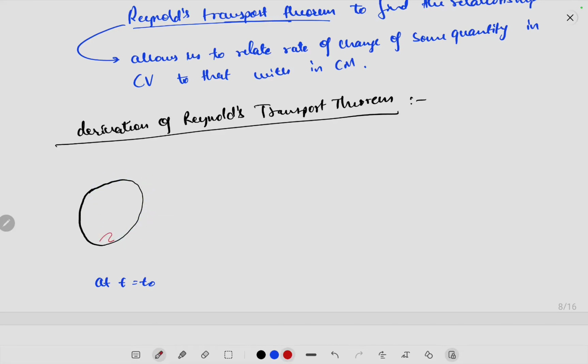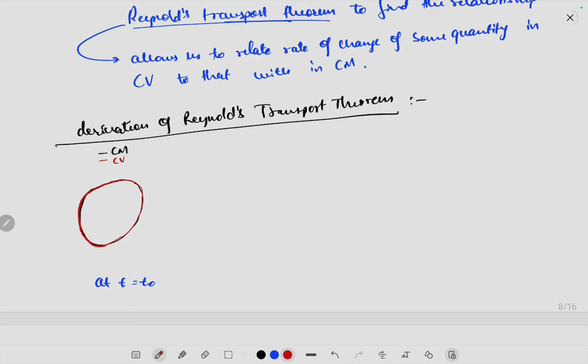So let's just draw it with red color. So I'm defining my control volume in such a way that it overlaps the control mass at t equal to t naught. Okay, all right. So this is my control mass and this is my control volume.